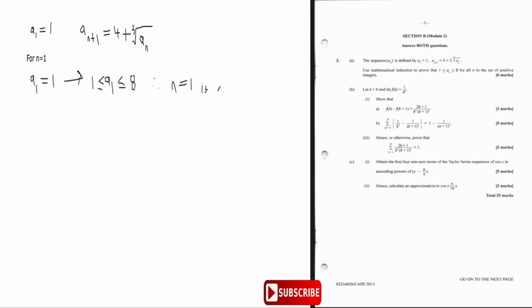Since n is equal to 1 is true, what do we need to do next? What we need to do next is assume n equal k is true. So for n equal k, we're going to have that ak is between 1 and 8.